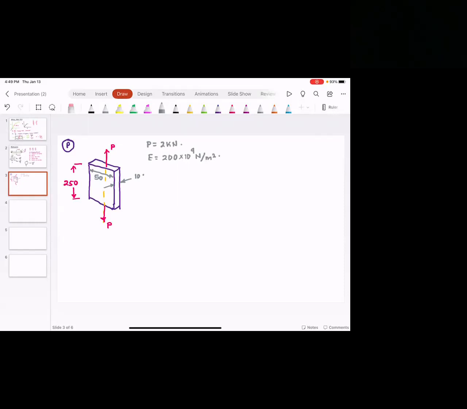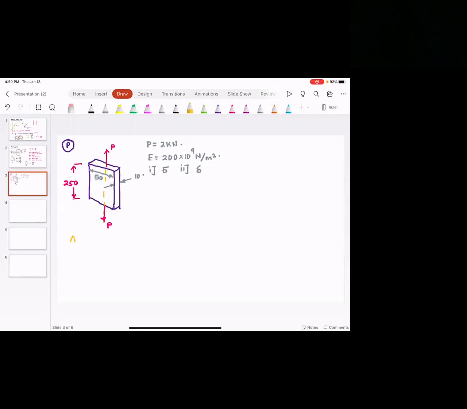What I want to find out is, first, the stress, and second, the deflection. So here is the problem: you have a load P that is going through the center line of the cross section. This is called an axial load.